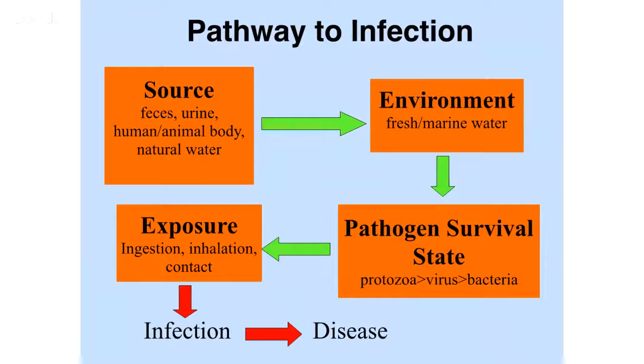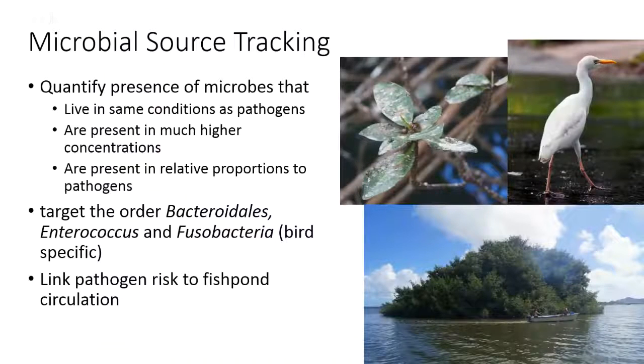And so microbial source tracking quantifies the presence of microbes that live in the same conditions as these pathogens, but are present in much higher concentrations, and usually are representative of the proportions of these pathogens in the water.